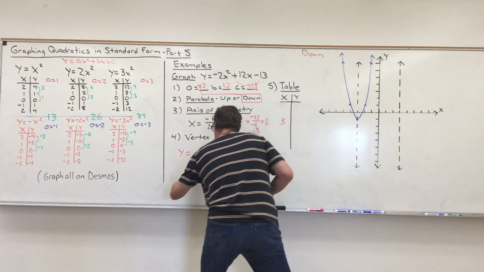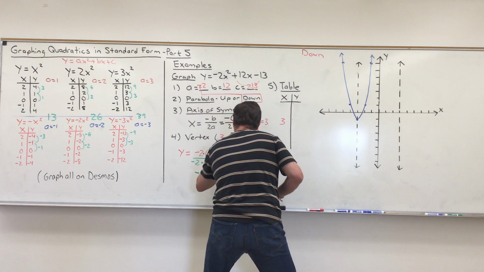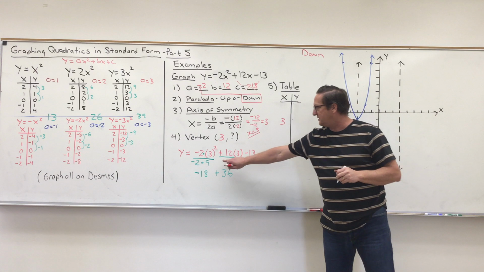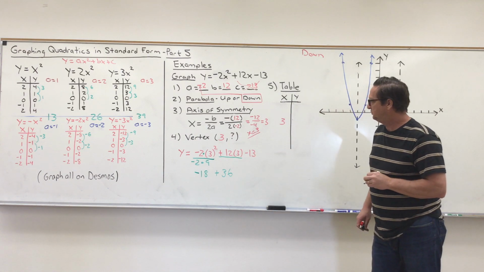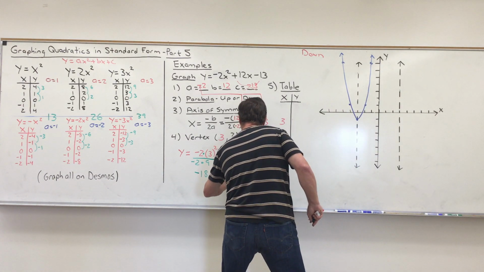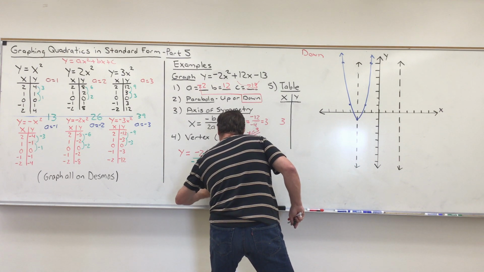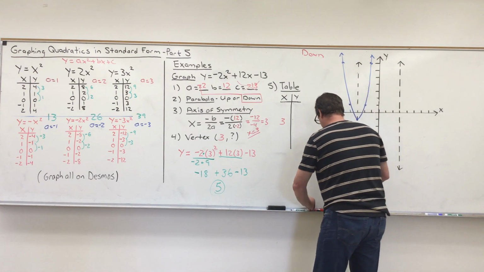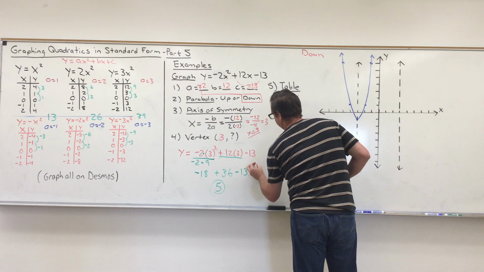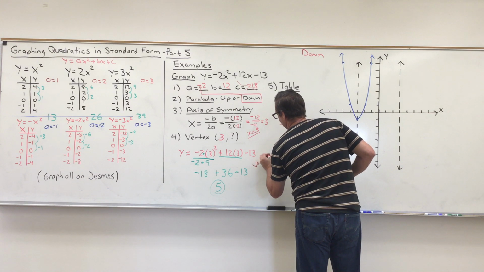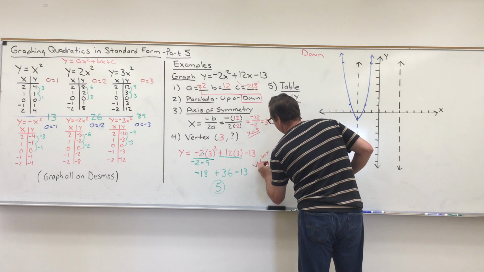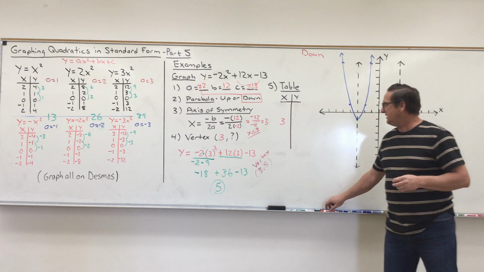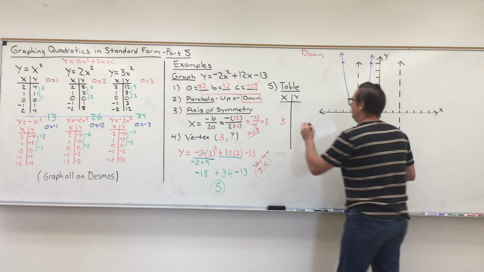So I get negative 18 plus 36, notice how I underline the plus sign, minus 13, and I get a value of 5. So my vertex is (3, 5).